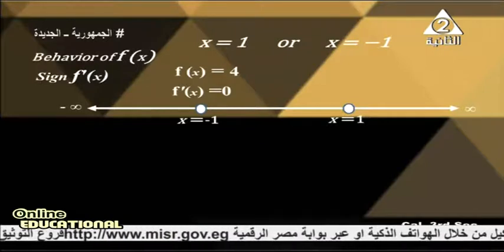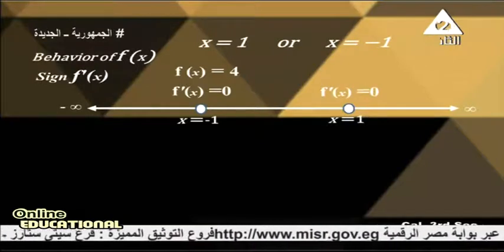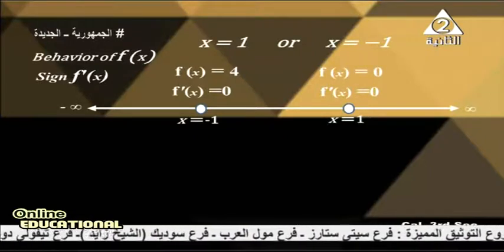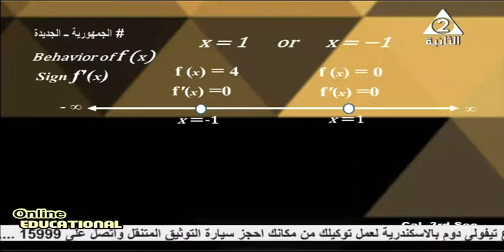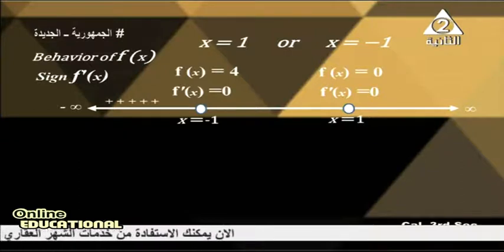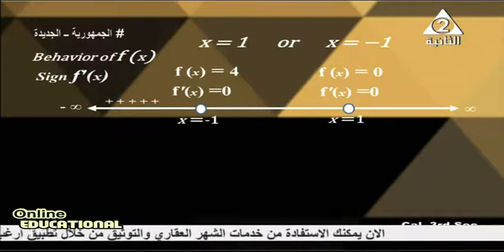At x equals positive 1, f dash x equals 0 and f of 1 equals 0, or y equals 0 at x equals 1. What is the sign of f dash x in each interval? In the open interval negative infinity and negative 1, f dash x is positive.